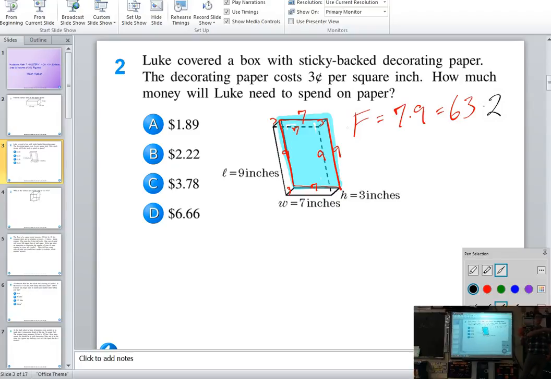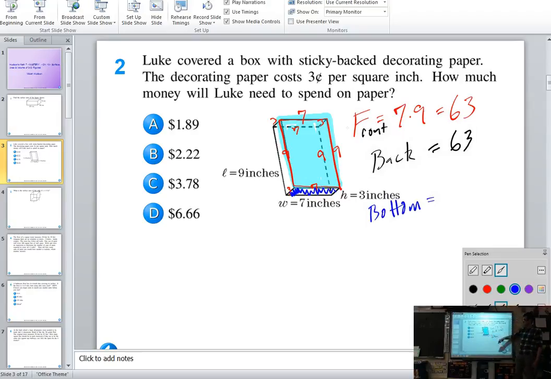What else you could say is once you figure out the front, the back is also 63. If you don't like the times 2 method, just write both of them out, that they're both 63. Then we could move on and say, okay, this bottom face right here, what dimensions does it use?